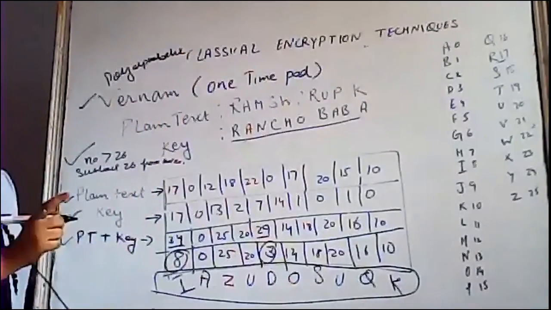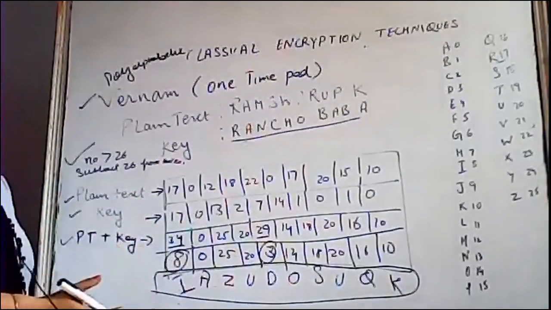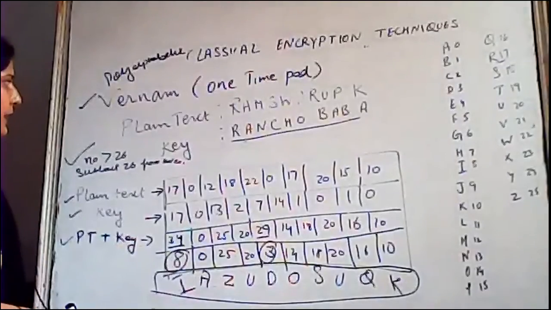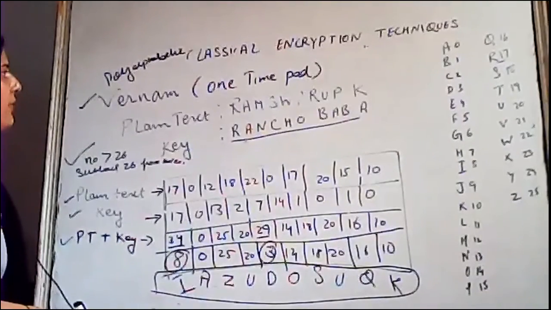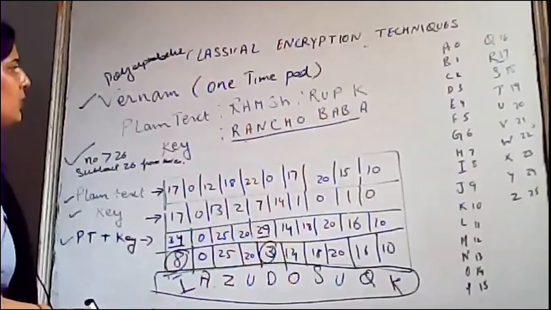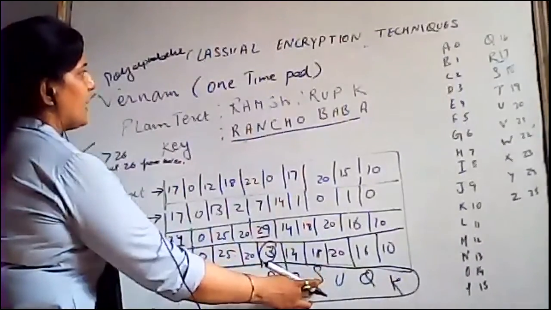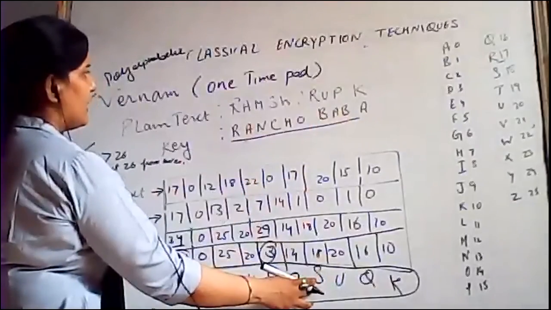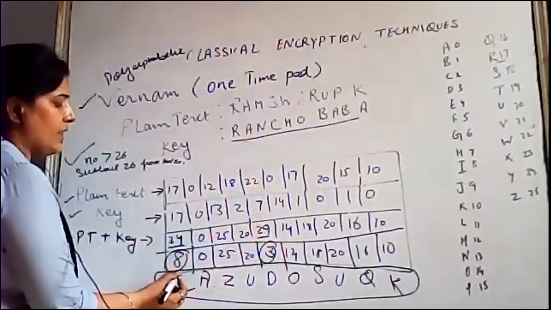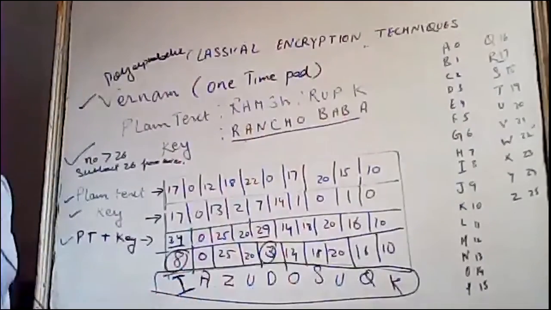Poly means there is multiple substitution for the same character. In this particular case, you can see that R is represented with S and here R is represented with R. So we have multiple substitution for the same alphabet. That's why it is known as polyalphabetic.